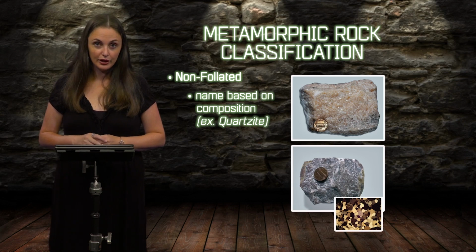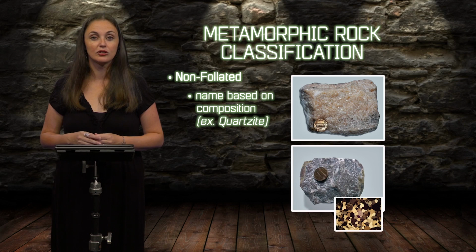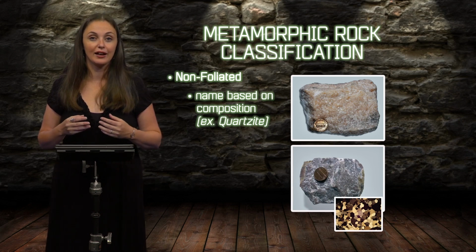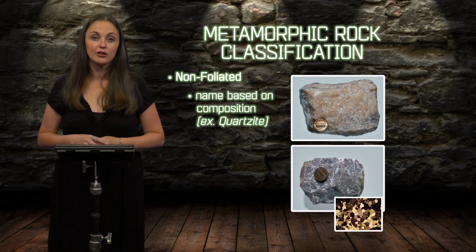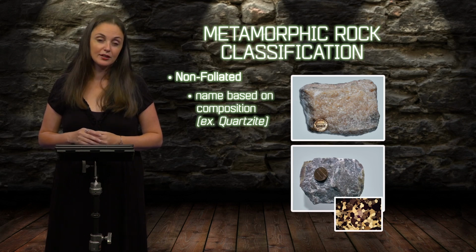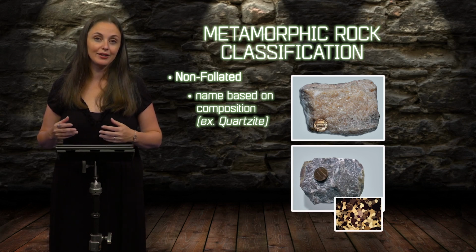So non-foliated metamorphic rocks typically include things like quartzite, which is the metamorphic equivalent of a sandstone. It's rich in the mineral quartz. Or things potentially like marble, which is the metamorphosed equivalent of limestone. So in both cases, they don't have any particular alignment of the minerals in one direction. You're just further classifying these by their composition.